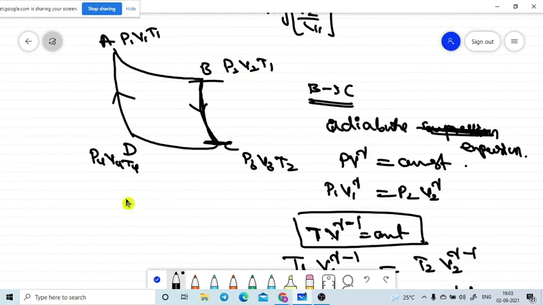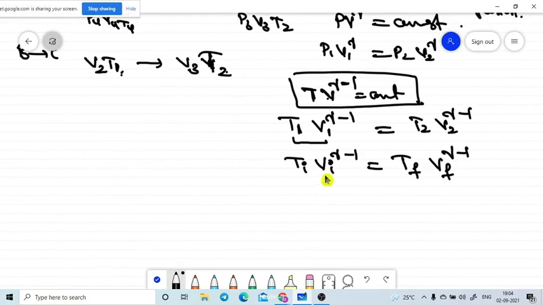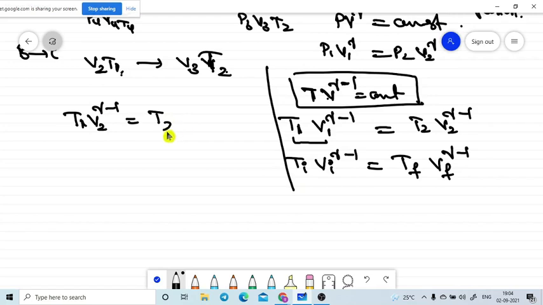We are moving from V2 T1 to V3 T2, B to C. So we use this formula: T1 V2 power gamma minus 1 is equal to T2 V3 power gamma minus 1.